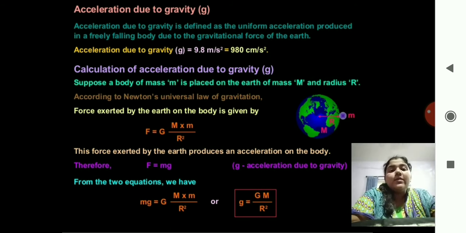From the two equations, we are going to substitute mg in the place of F, and therefore mg is equal to capital G capital M into small m upon capital R square, or small g is equal to GM upon R square. Here when you take the m to the right side, the small m cancels, and therefore there is no small m in the last equation.